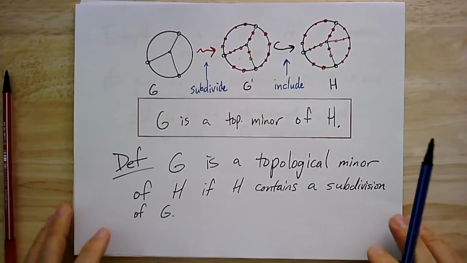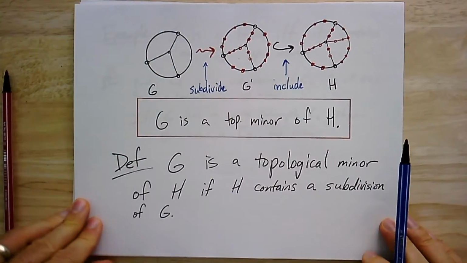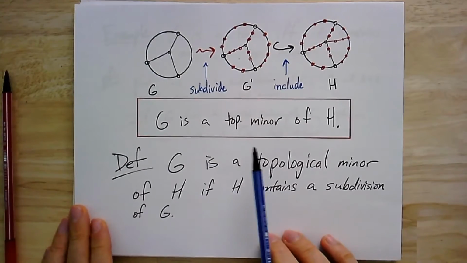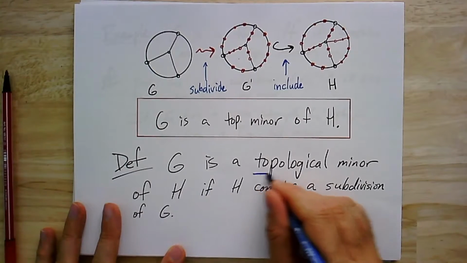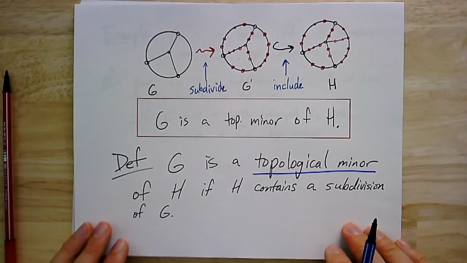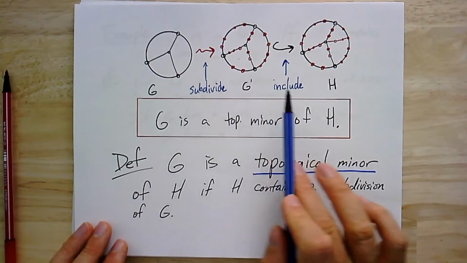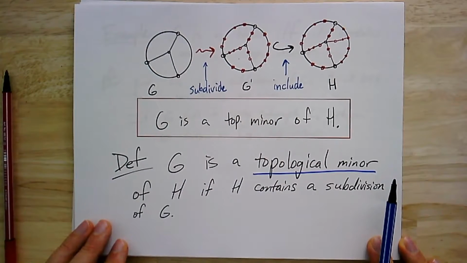Now, this is the big picture. When I define topological minor, I'm going to do these two operations: not just subdivision, but subdivision followed by inclusion. And that's how you get topological minor.